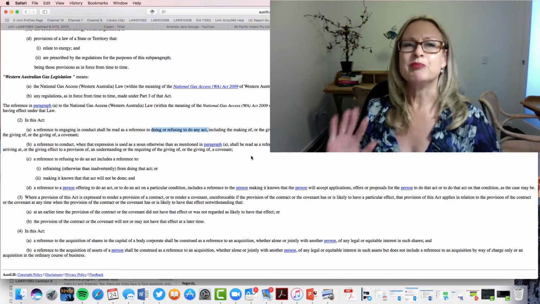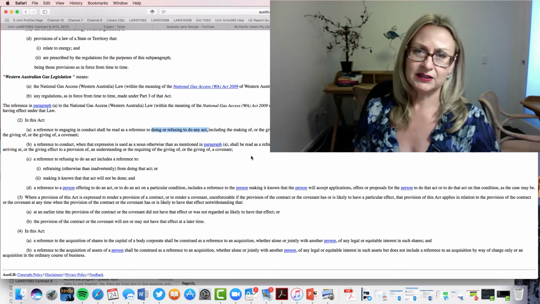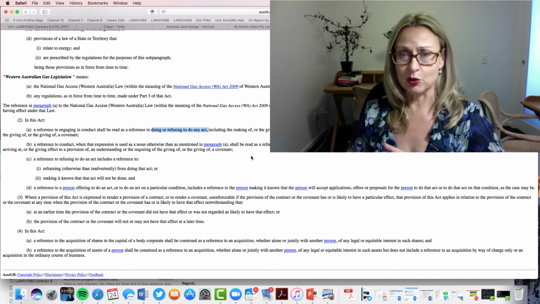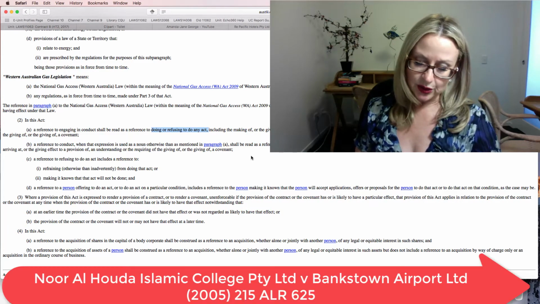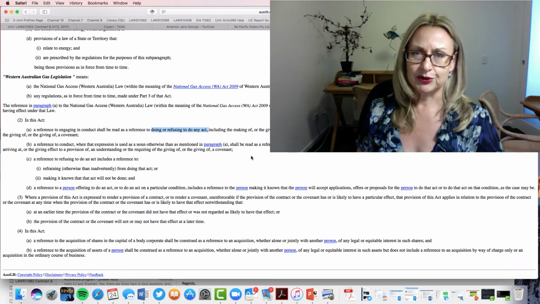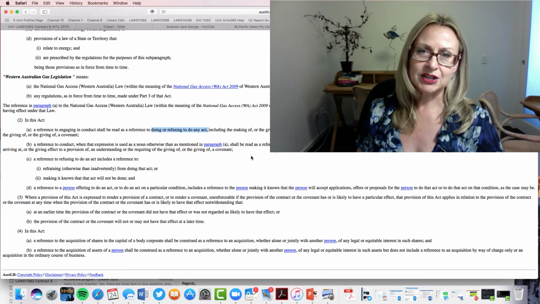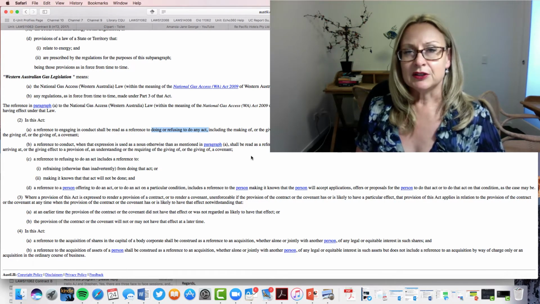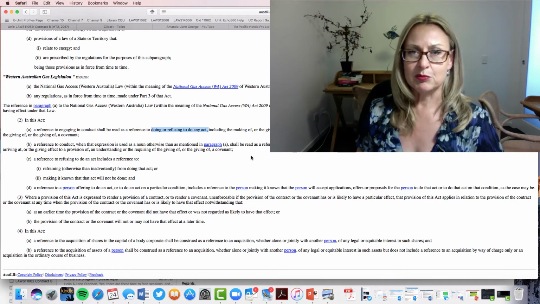The other kind of bookend case to this, on the flip side of the coin, is the Noor Al Huda case. And in that case, it was for a sale and purchase of land. The seller certainly knew that the purchaser was going to buy the land in order to construct a school.